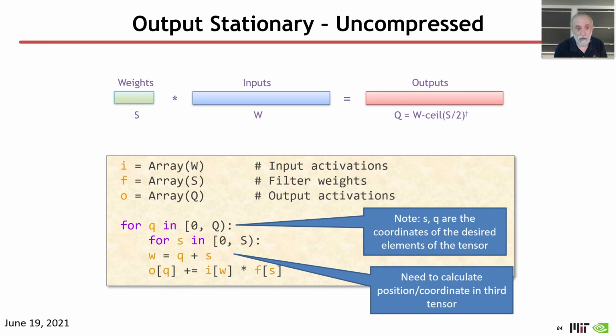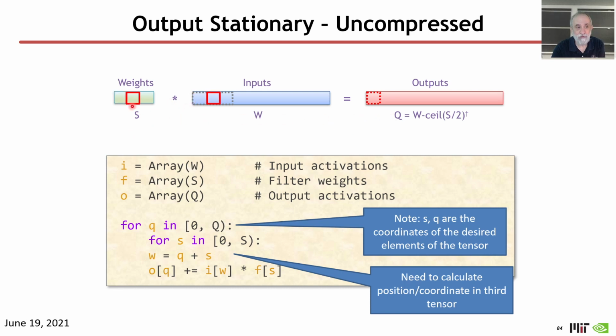Okay, if we're going to look at how this operation proceeds, what we're essentially doing is looking at a window of inputs, and we start with the first weight, the first input. We use that to create a partial sum in the output.